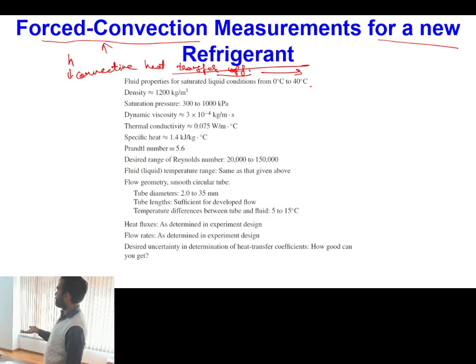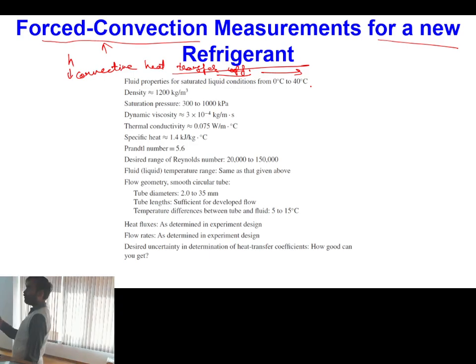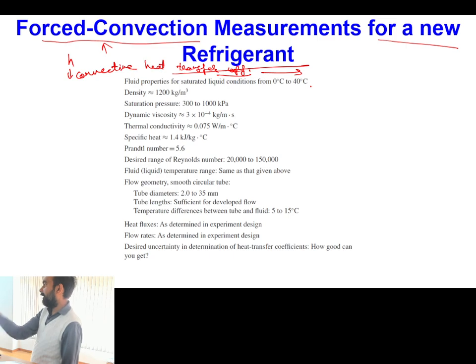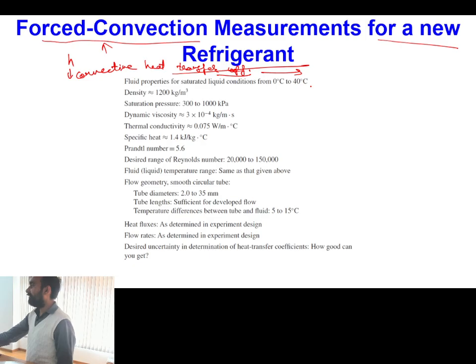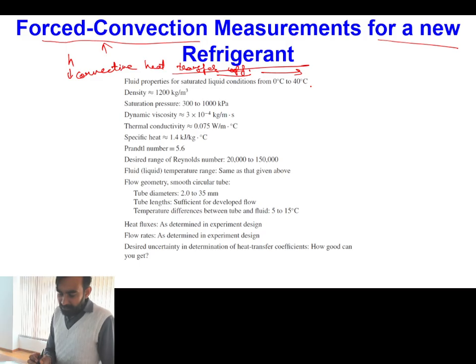Is there any equipment or instrument which can give me the value of the heat transfer coefficient, where I place it somewhere, or load a certain sample in it, and it gives me the value of the heat transfer coefficient? The heat transfer coefficient is specific to the physical configuration we are considering. So we do not have any standard equipment available for that.